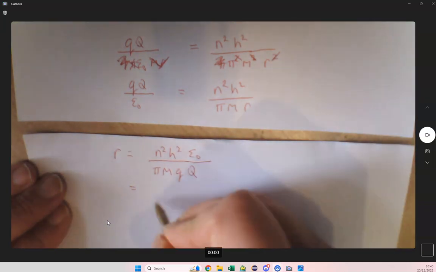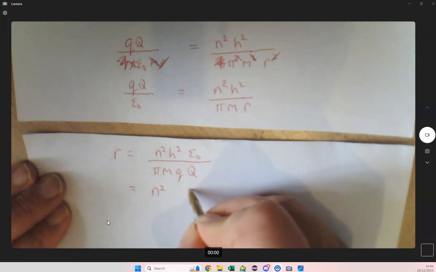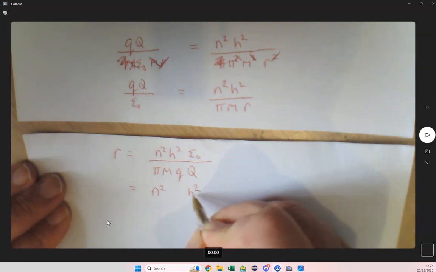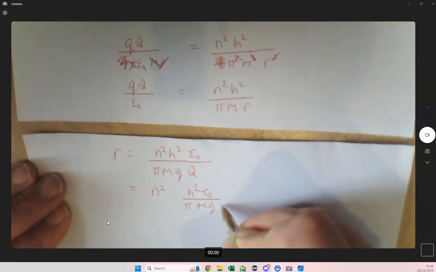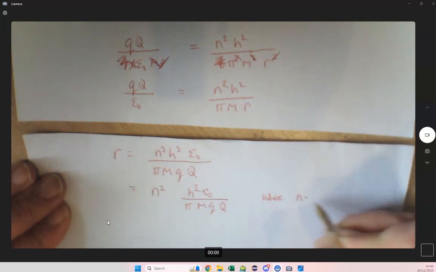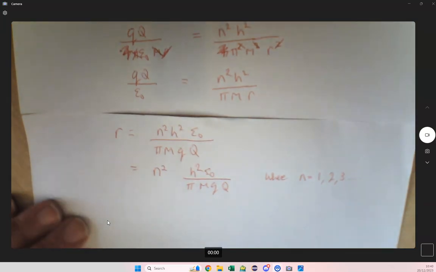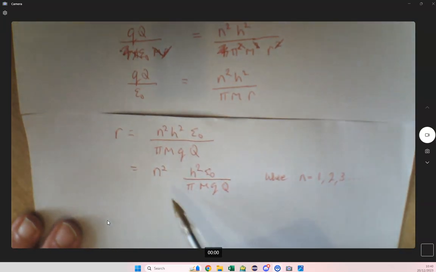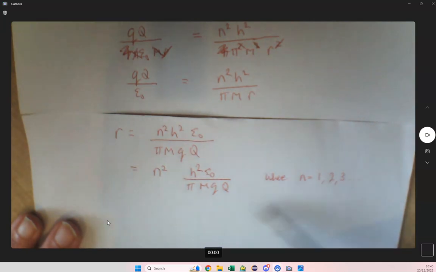In fact, looking at this, I can write it as n squared h squared e naught over pi m qq, where n can be only integer values of 1, 2, 3, etc. So what we've actually done is we've worked out the specific radii for this scenario that we started with.